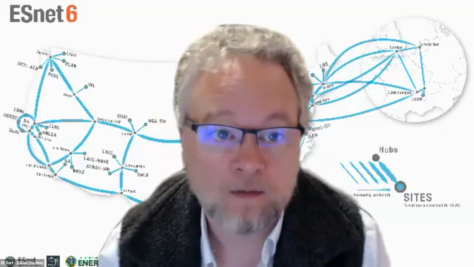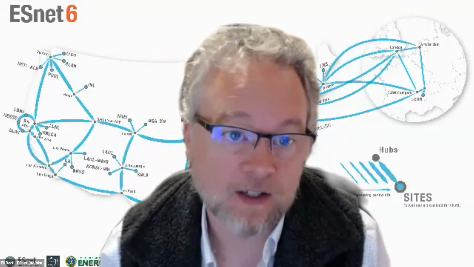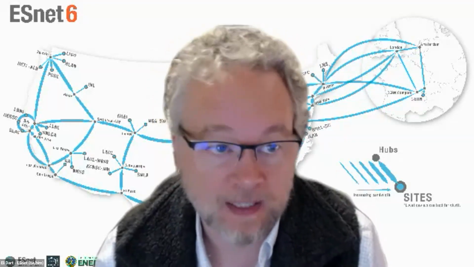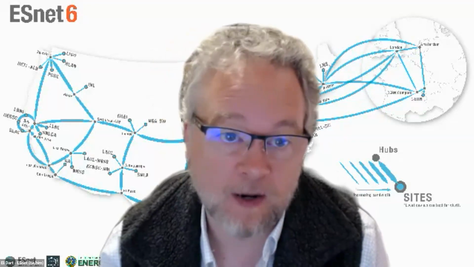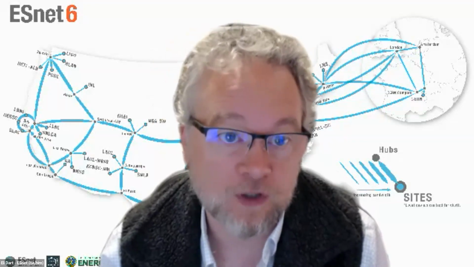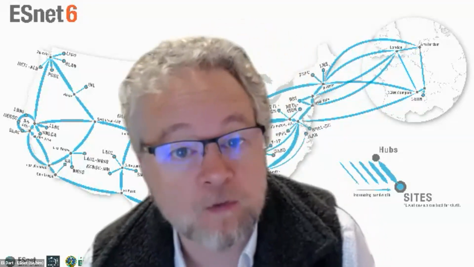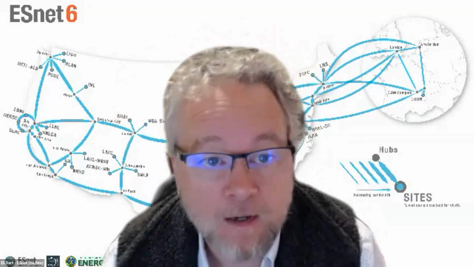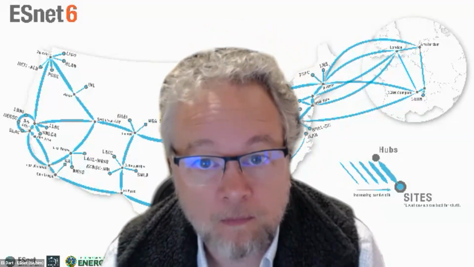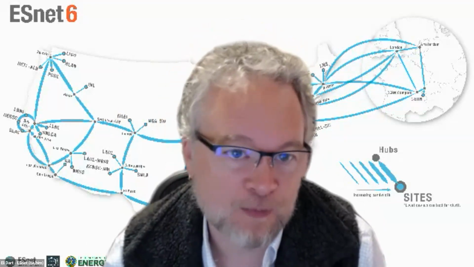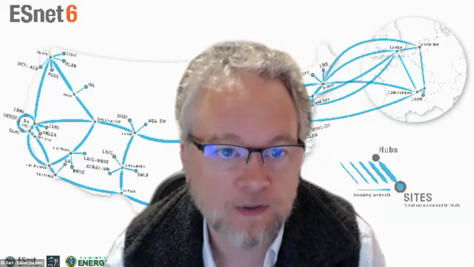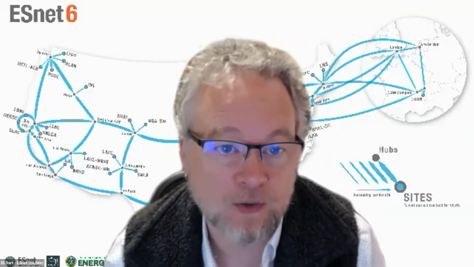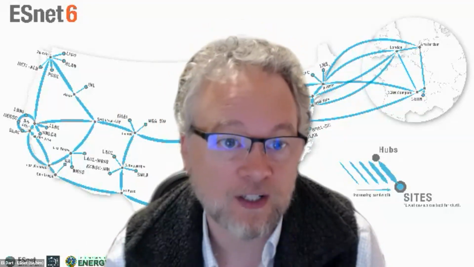But then some of the big LHC sites have flatly refused, right? As far as I'm aware, Fermilab will never deploy jumbo frames, and at least part of it is some of what Matt was talking about earlier, which is they don't want to overdrive the Ethernet checksum. But I think it might also just be that they don't want the complexity of troubleshooting something that amounts to a misconfiguration that somebody else did, right?